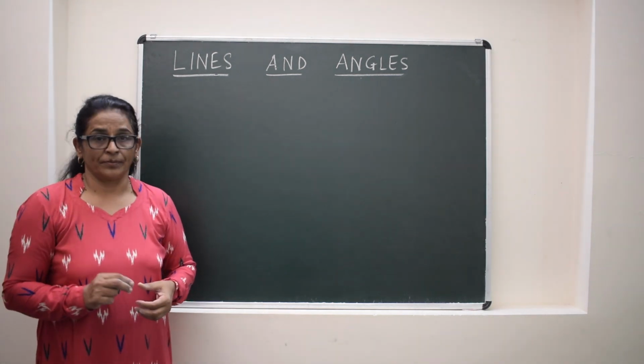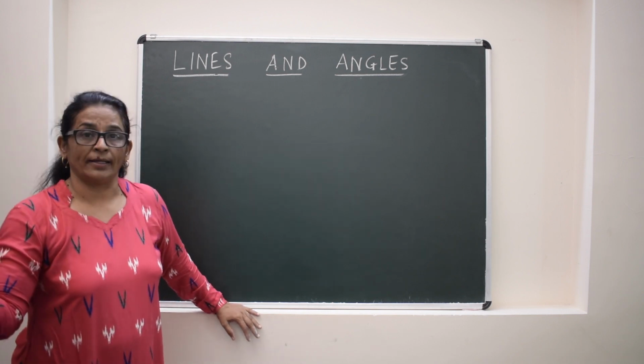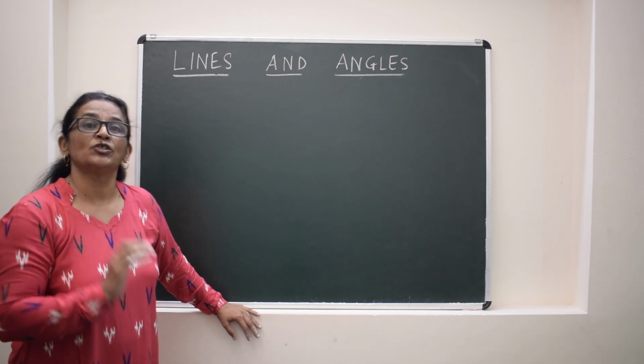Now there is a theorem for parallel lines. If two lines are parallel to the same line, then they will be parallel to each other.